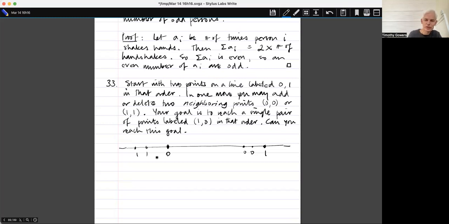Let me just quickly try: if I start with a 1, let's say 0 becomes 1 and 1 becomes minus 1. Then what happens as I go along here is, I'm not sure where that's getting me actually.